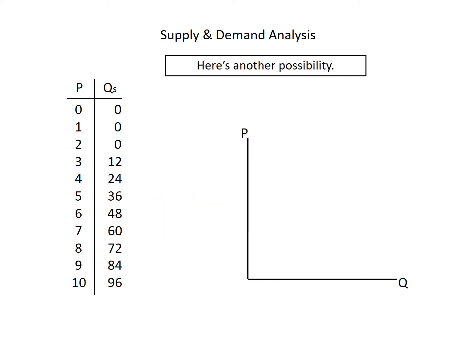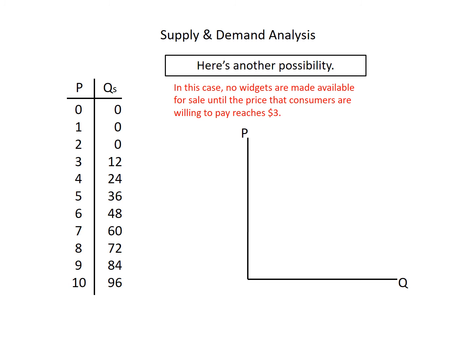Therefore, here's another interesting possibility. Take a look at the supply schedule, and you'll see that it has changed again. As you can see, in this case, no widgets are made available for sale until the price that consumers are willing to pay reaches $3.